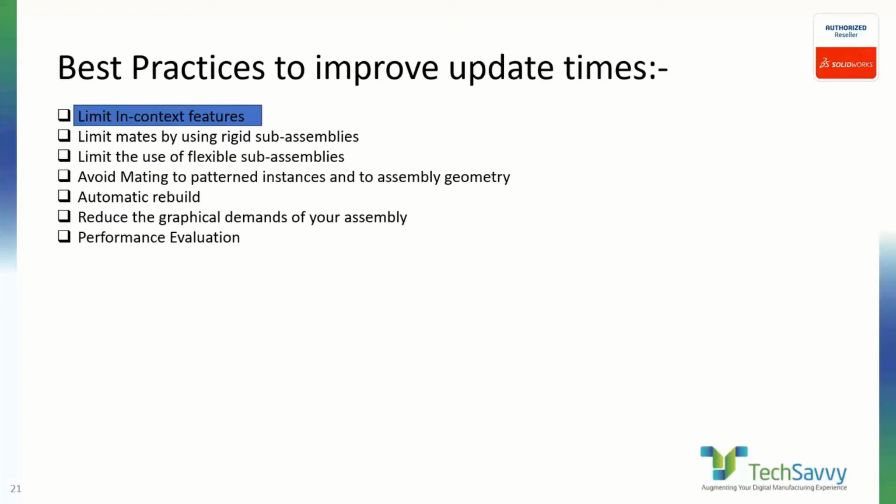Components without in context features, meaning you can use top level assembly features, do not rebuild their feature tree, and can even avoid loading their feature tree altogether in lightweight mode. Conversely, a component with in context features must rebuild its tree when the assembly changes. Then all the child features of that in context feature must update too.